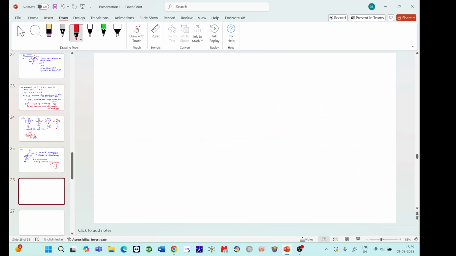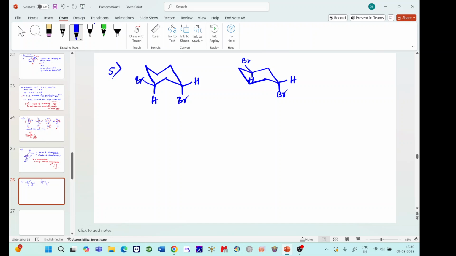Then you are given two compounds, you have to tell the relation between them. This is one, okay.